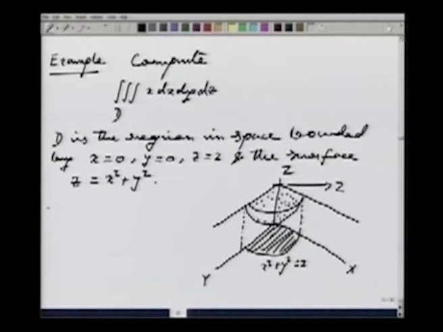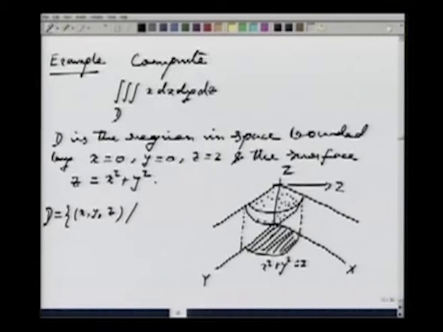So let me write down what D is again from this picture. D then is the set of (x, y, z) such that, how much does x vary? x varies from 0 to root 2. Okay. From here x equal to 0, I can come up to here, that means y equal to 0, that means x equal to root 2.